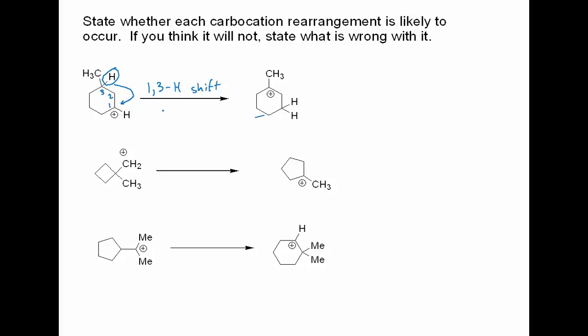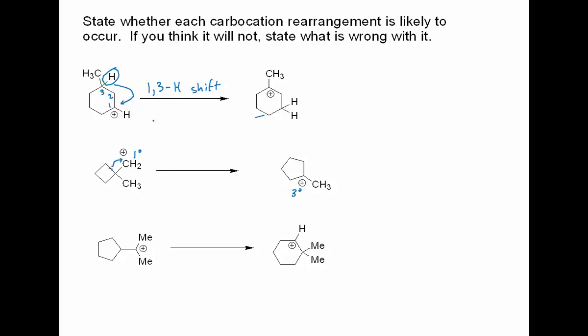Okay, the second one is a primary carbocation. It's not a very stable one. We're looking at it possibly rearranging like that. If we look at what happens to the carbocation stability, primary becomes tertiary.